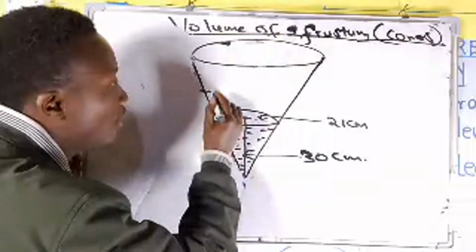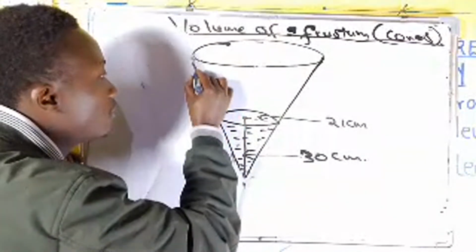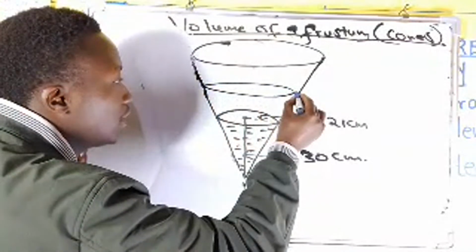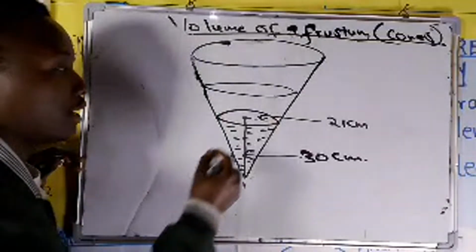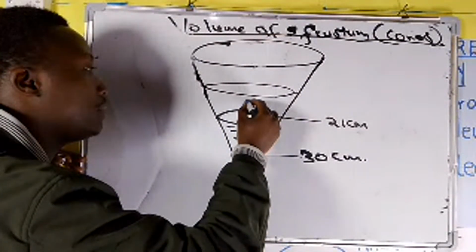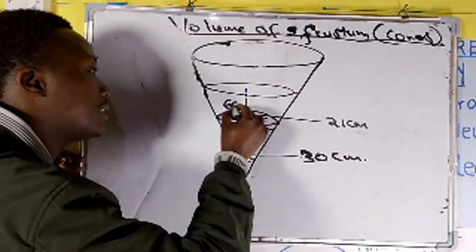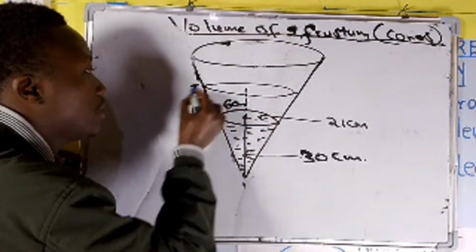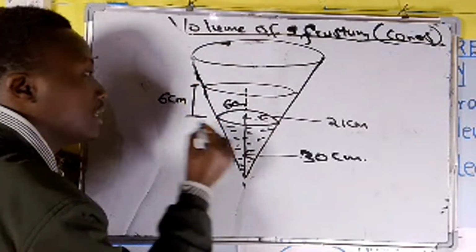So water will now rise from this level, and probably it will come to this level. That is what I want you to understand. And once the water rises to that level, it will rise with how many centimeters? 6 centimeters. So from here to here perpendicularly, it is 6 centimeters.